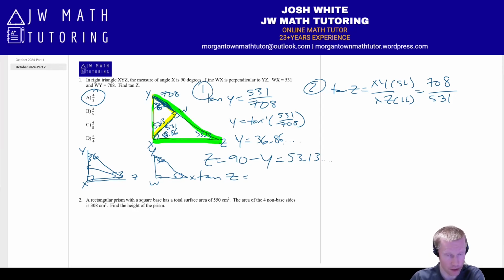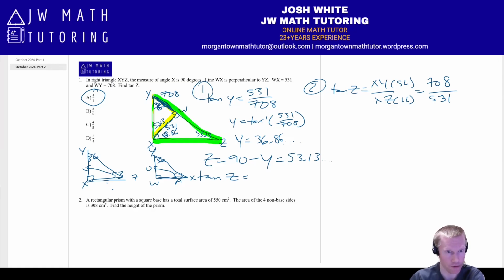All these triangles are similar, so the sides are going to be proportional. So the tangent of this 53 is going to have the same ratio, opposite over adjacent, as this side over this side. The values obviously aren't the same, but the ratios of the sides are the same because they are all similar triangles.